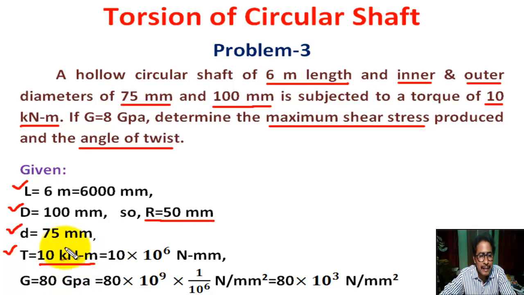We convert kilonewton in Newton and meter in millimeter. 10 kilonewton meter equal to 10 into 10 to the power 6 Newton millimeter.